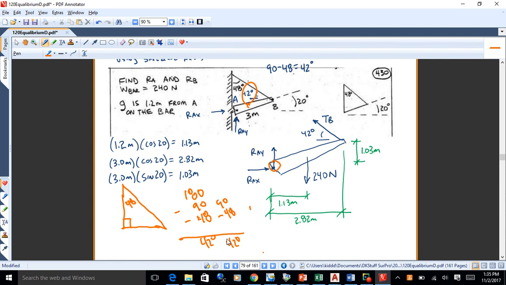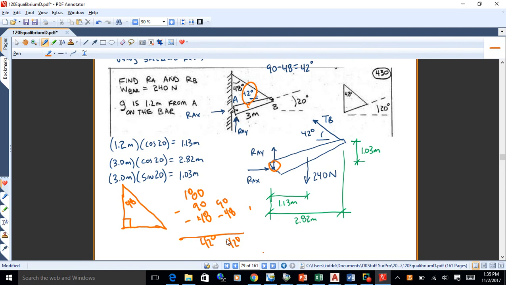Just use the perpendicular component, the angle moments on it. And you can even mix those if you want. That seems potentially dangerous, but sometimes we live for danger, right? So 240 times 1.13, then you can take the sine of 62 times TB times the 3.